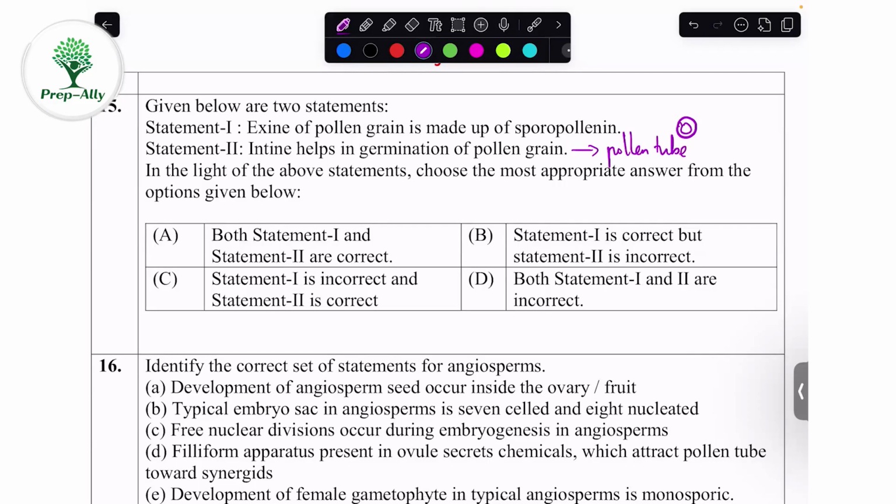That helps in fertilization: the pollen tube extends till the ovule and embryo sac, where double fertilization takes place. So they are asking that exine, the outer part, is made up of sporopollenin, and intine helps in germination of pollen grain. Got it? In this case, the correct option is that statement 1 and statement 2 are both correct. Got it?